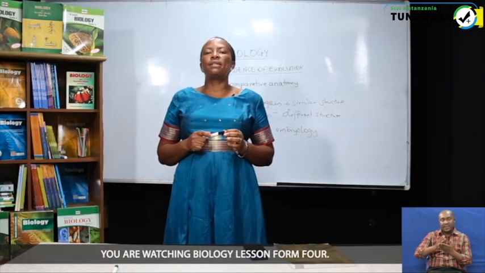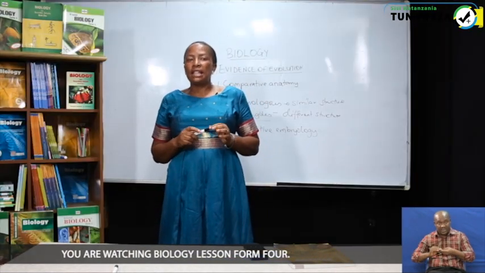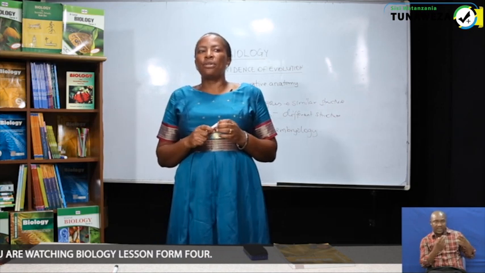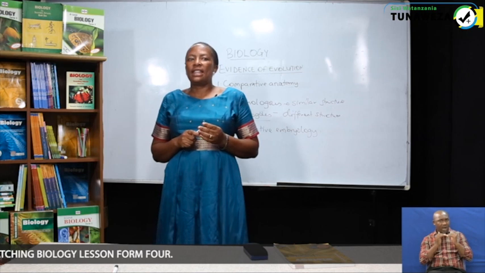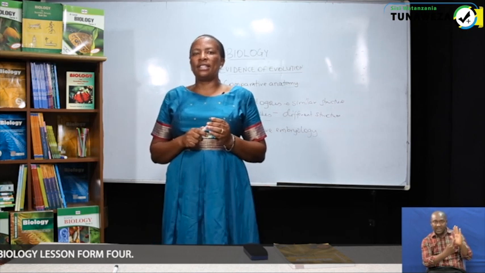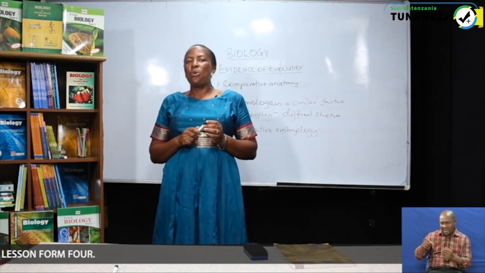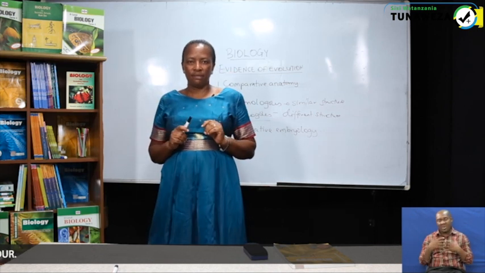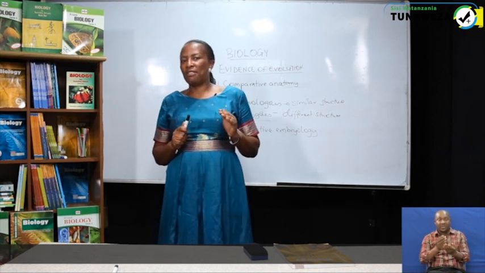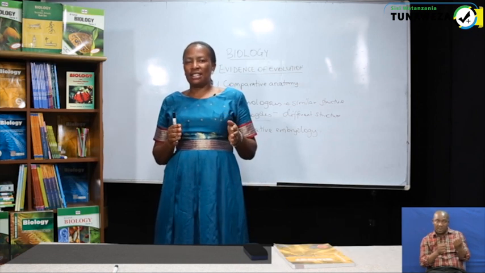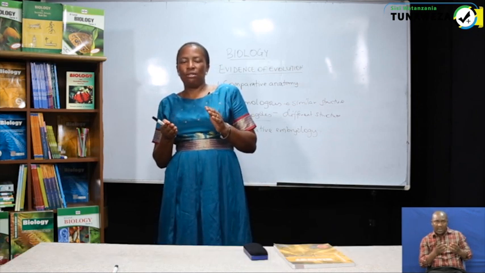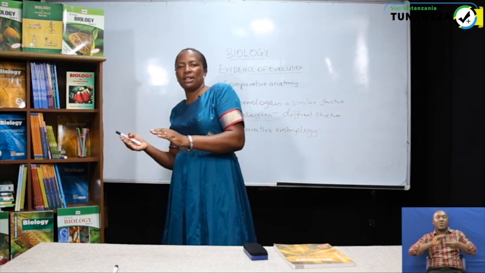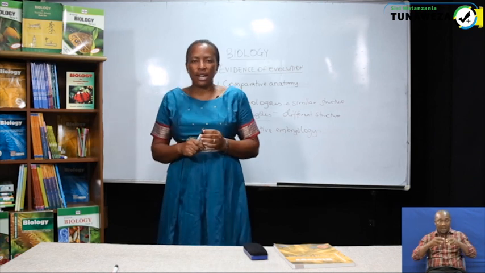In comparative embryology, in some species of vertebrates, their embryos look alike. They have some common appearance in such a way that one may not differentiate those embryos. As we know, after fertilization, the organism undergoes different stages of development until we get the full organism.